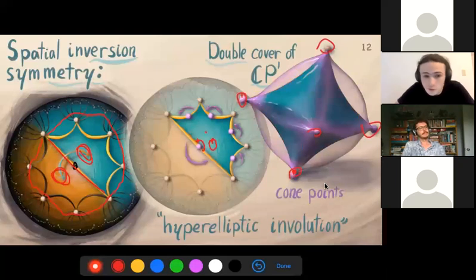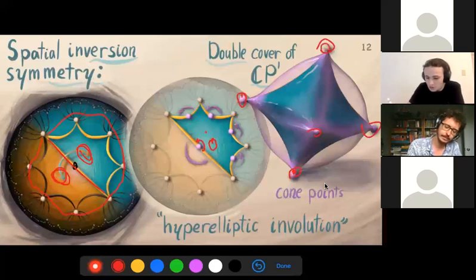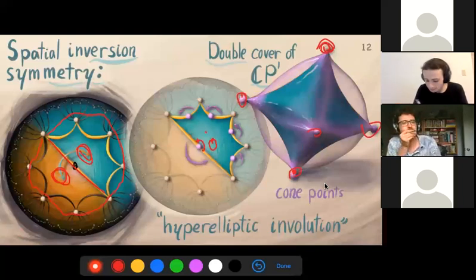And conversely, it's also true that every hyperelliptic curve can be drawn in such a way on the plane such that it has this nice spatial inversion symmetry. So then the symmetry corresponds to just swapping the two branches of the cover. The hyperelliptic involution is the mathy way to say it.